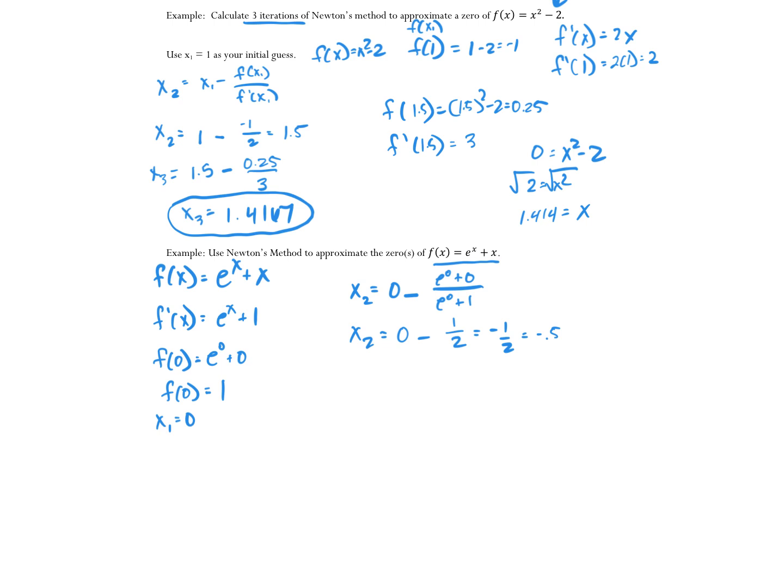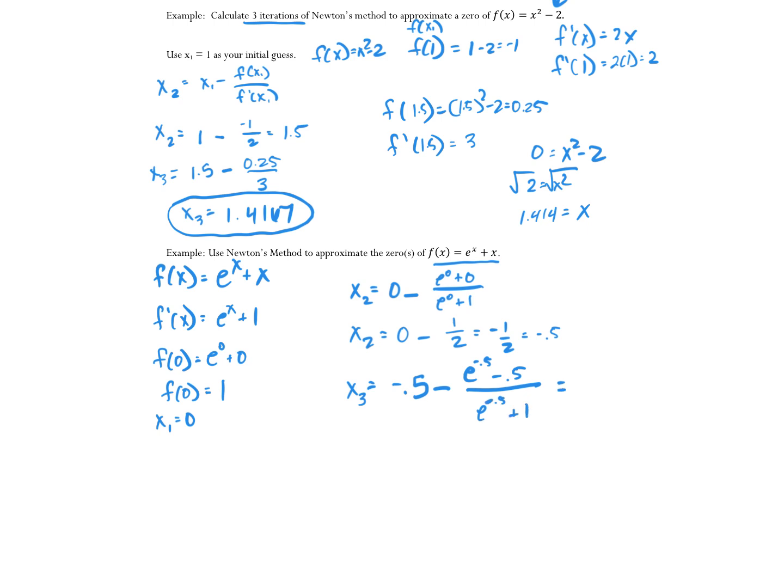That means x3 is going to be negative 0.5 minus e to the negative 0.5 minus 0.5, because that's f of negative 0.5, and then f prime of that will be e to the negative 0.5 plus 1.